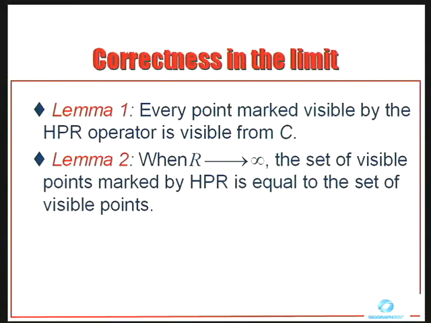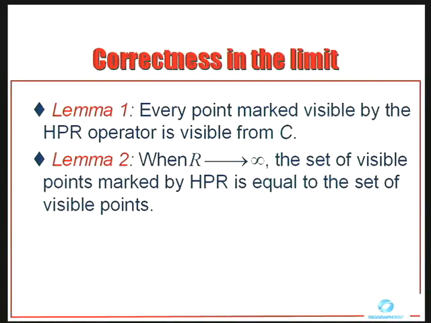Let me mention a few of the theorems that we proved in the paper. The first issue regards correctness in the limit, that is, correctness when the whole set of points, the whole surface, is given.